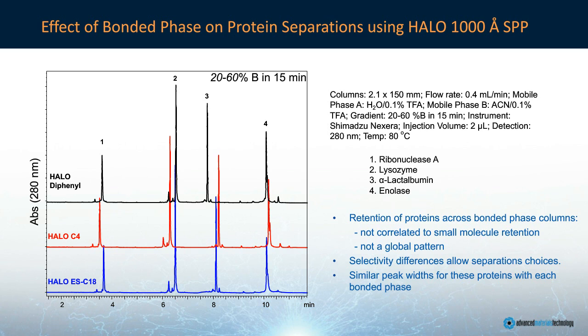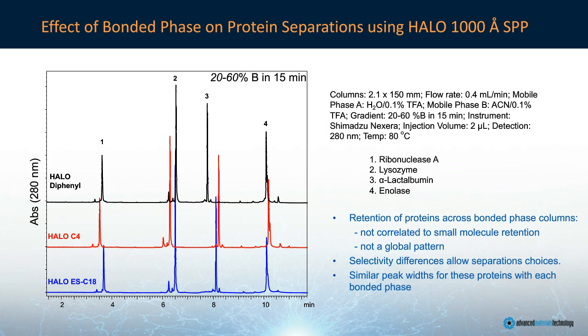The idea is that if you're going to run an analysis with a particular protein, you may need to run that and compare across a variety of phases, because predicting its retention and its separation characteristics is very challenging.